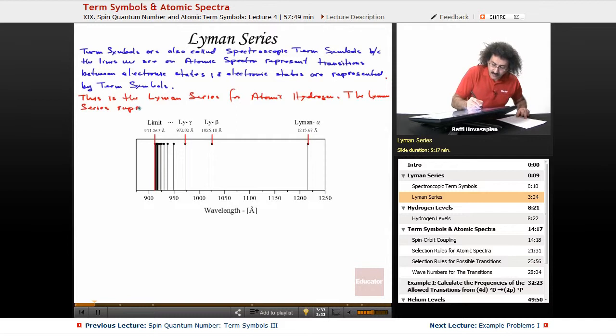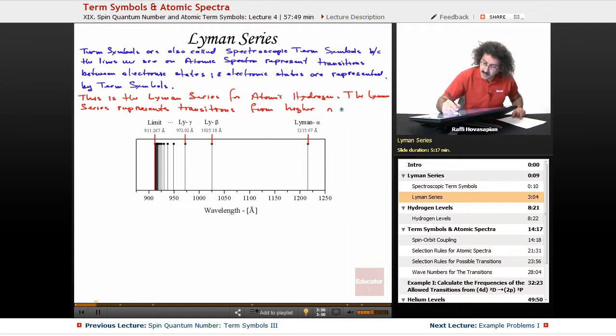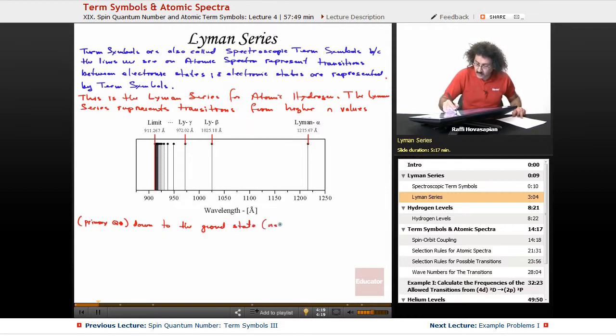The Lyman series represents transitions from higher n values, where n is the principal quantum number, n equals 1, 2, 3, 4, 5, down to the ground state, which is n equals 1.